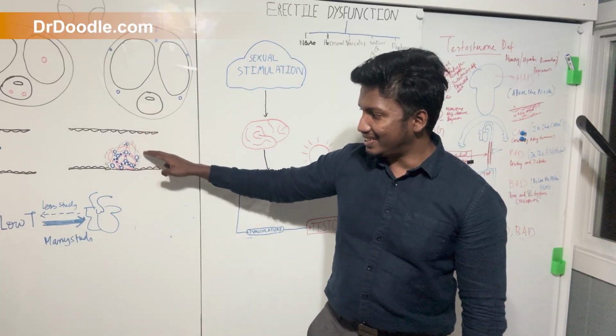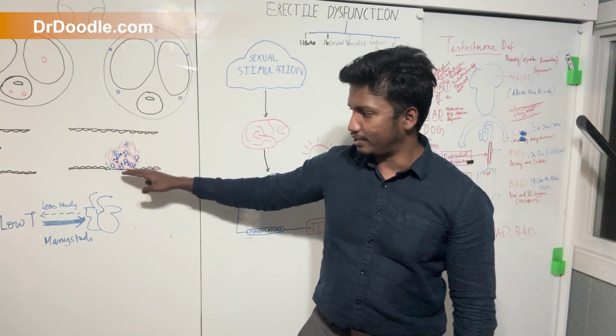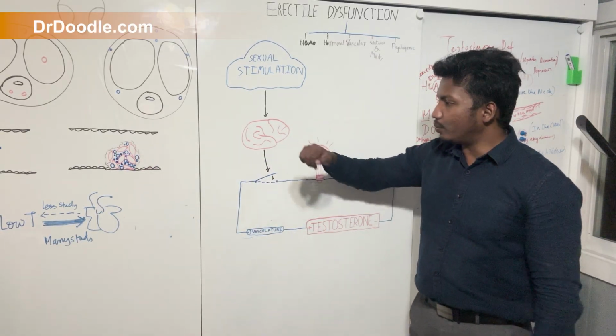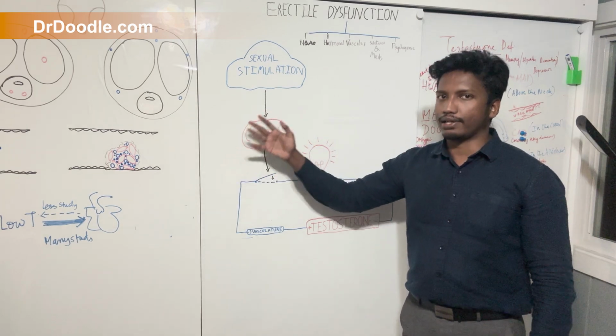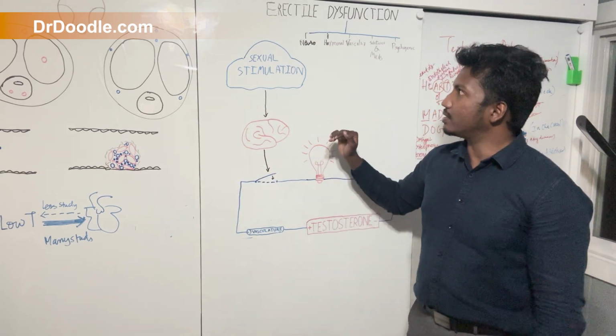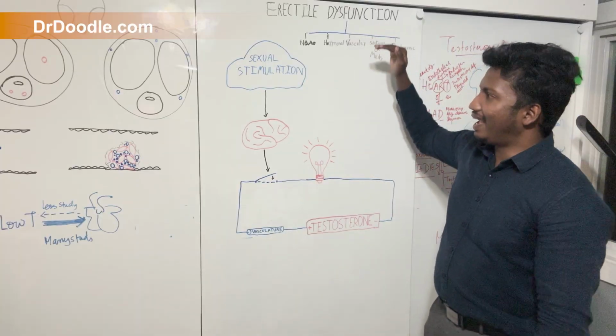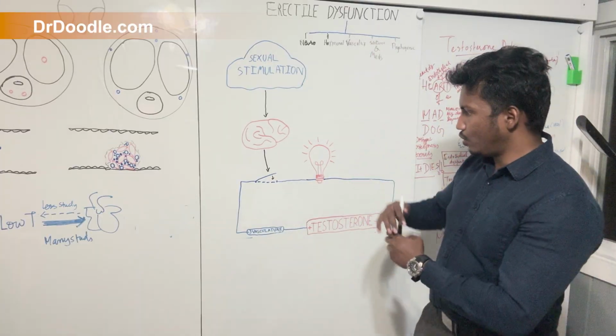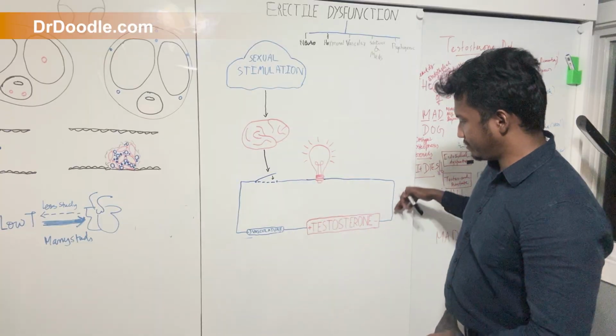These kinds of chronic inflammation result in the loss of the endothelium, which would eventually lead to erectile dysfunction. But the main crux of our topic is erectile dysfunction and testosterone. So I'm going to explain how all of this comes together with this circuit diagram.